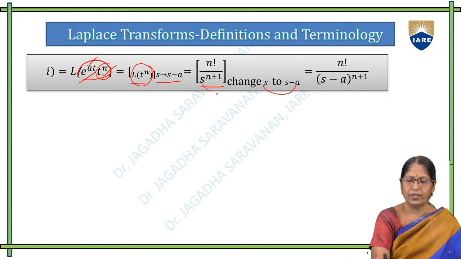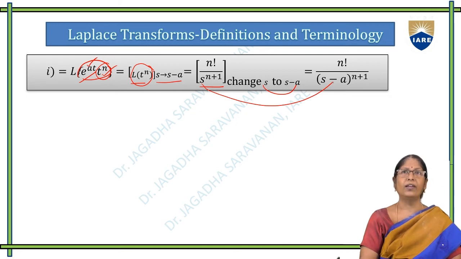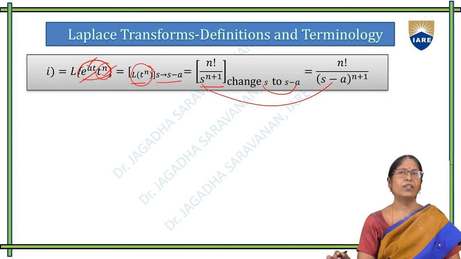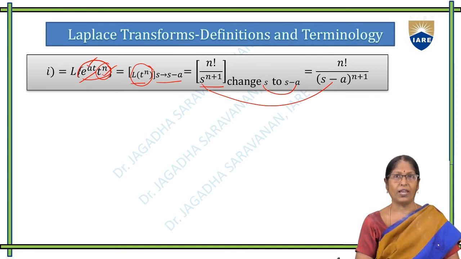It is a very simple way to do the first shifting theorem. But what is the eligibility for it? The function should be multiplied by e power at or e power minus at.